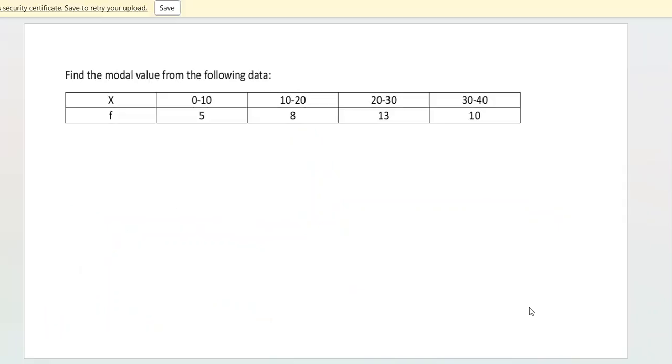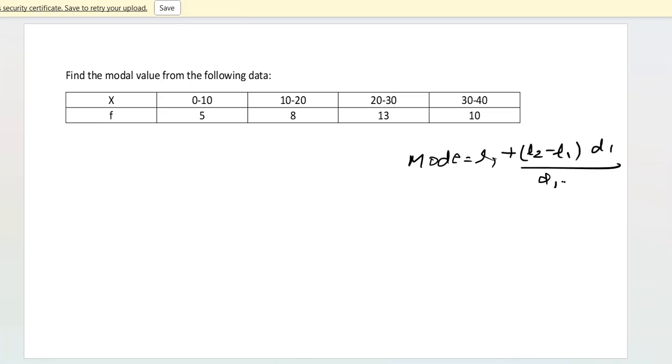We now move to the next problem. Find the modal value from the following data. Now the formula for mode is L1 plus L2 minus L1 times D1 upon D1 plus D2.